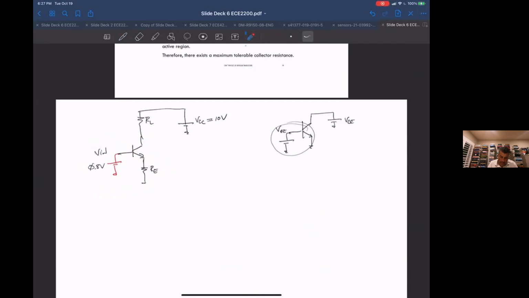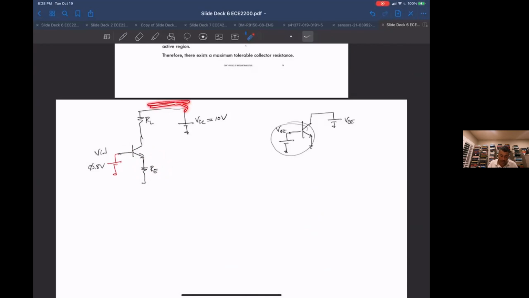The voltage from this point to ground is 0.8 volts, but my VBE is from the base to the emitter. We'll see how you can figure it out, but right now I don't know what voltage drop happened across this resistor to see what voltage my emitter is at. So I have to use the base emitter voltage, and whatever is hooked up to my input isn't VBE. You've got to be careful about that.